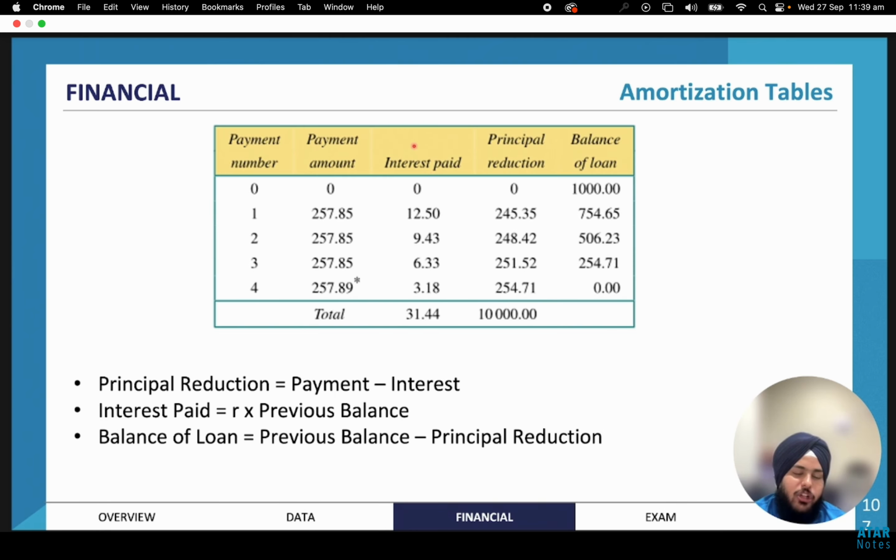And as you can see, the interest paid is actually decreasing over time because as the balance of the loan decreases, less and less interest is generated. So if you have a really high principal, you're going to pay a lot more interest, and over time it's going to decrease. And the balance of the loan is just going to be the previous balance minus the principal reduction. Principal reduction is, as the name suggests, how much the principal is being reduced by in that particular payment period.